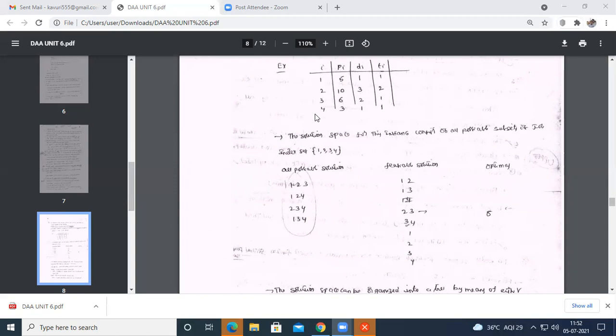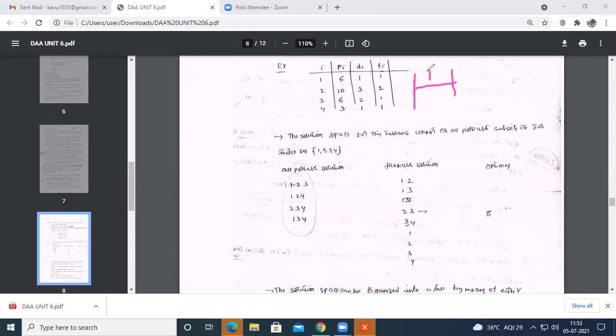Here the processing time of the first job is 1 and the processing time of the second job is 1. First you execute the first job, whose deadline is 1 and processing time is 1.